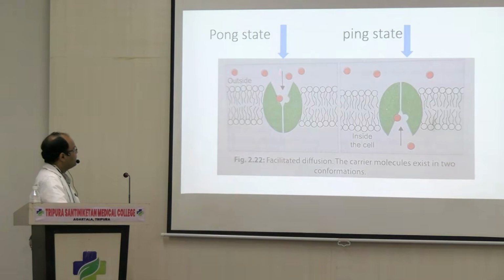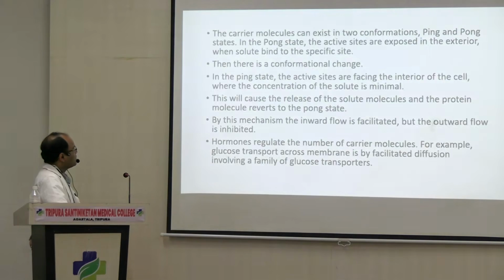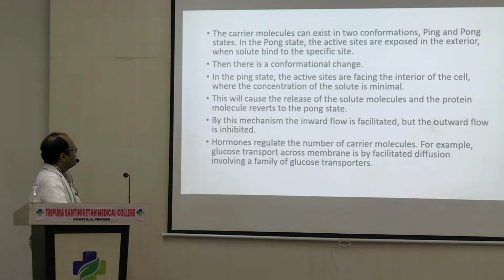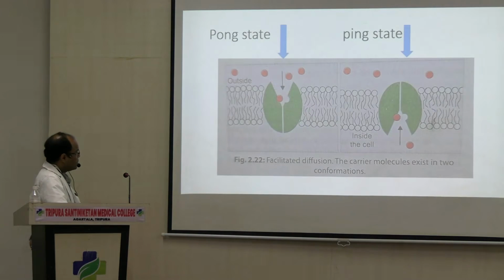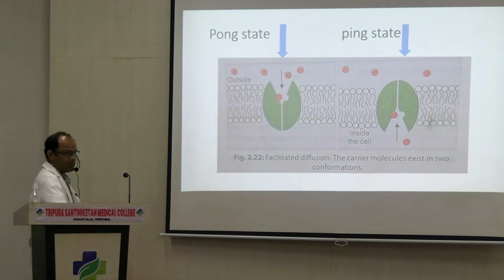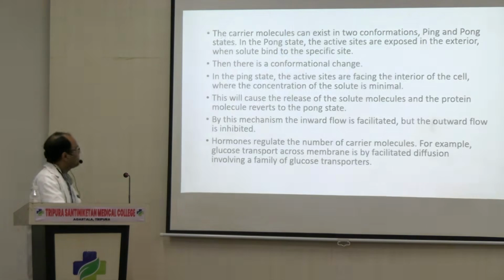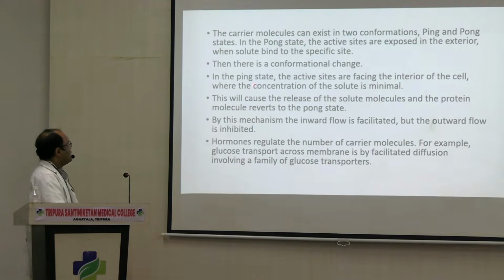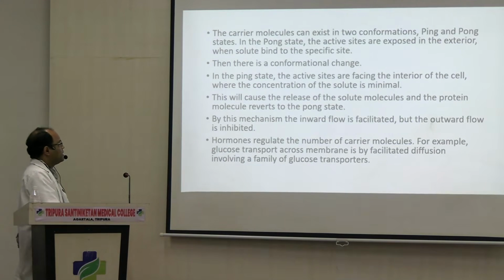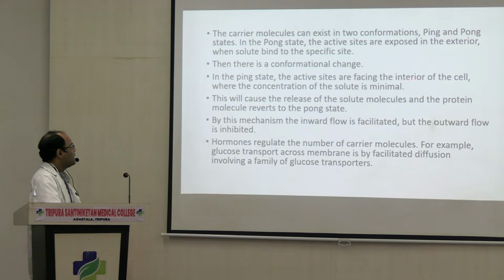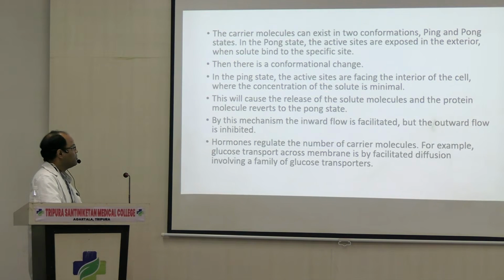You can see here this pong state. This is outside, and then the protein undergoes a conformational change, its shape is changed, once the solute is attached, and then it achieves this ping state. In this state, the active sites are facing the interior of the cell, where the concentration of the solute is minimal.